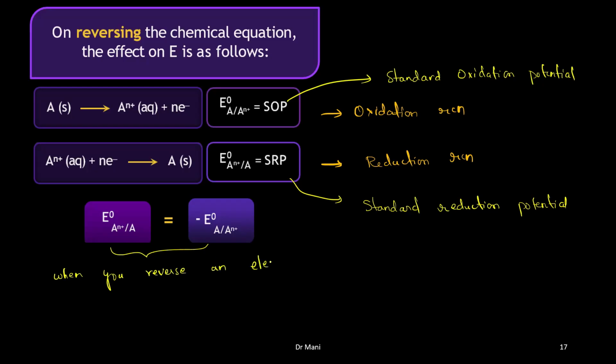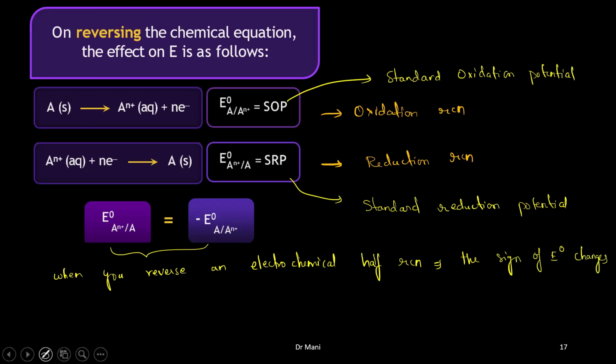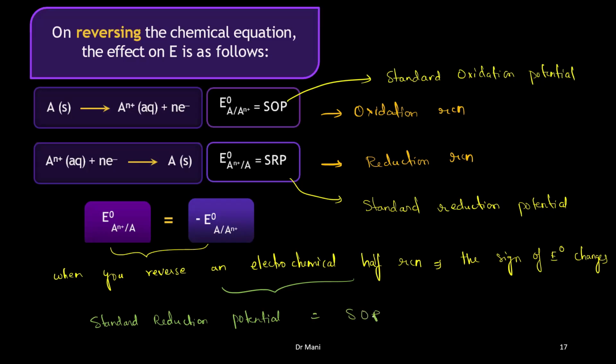So when you reverse an electrochemical reaction, the sign of E naught changes. Remember this. So what's happening here? The standard reduction potential is equal to the standard oxidation potential, but with opposite sign.